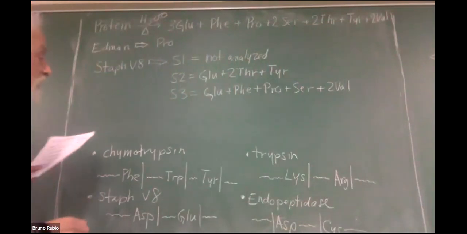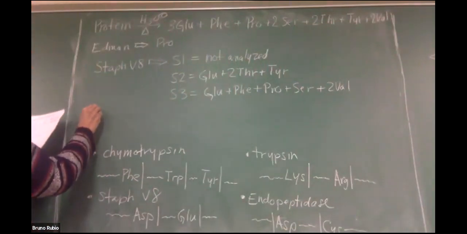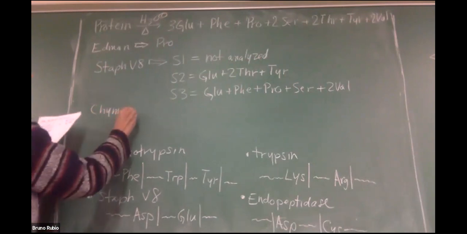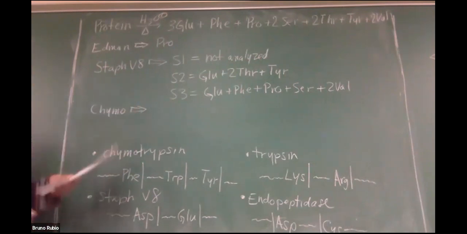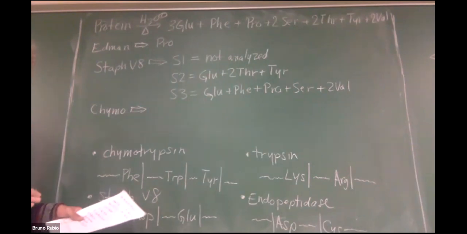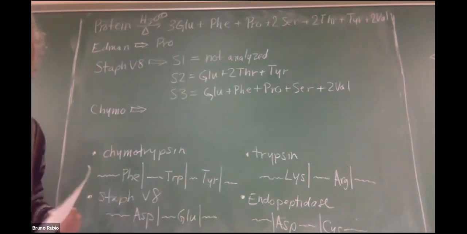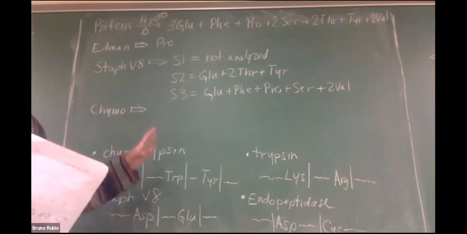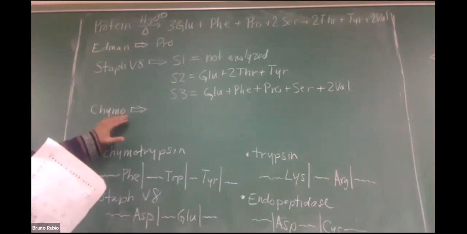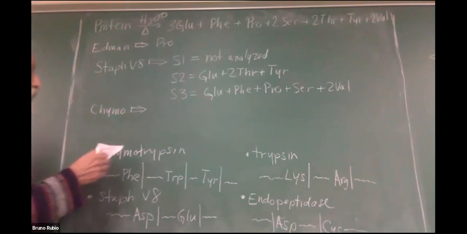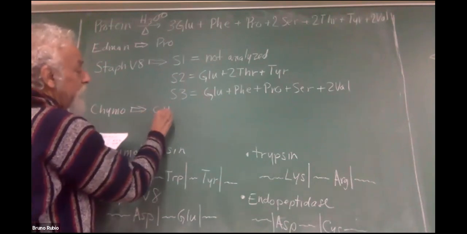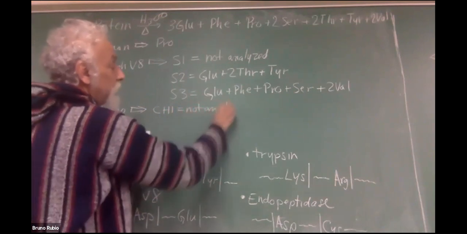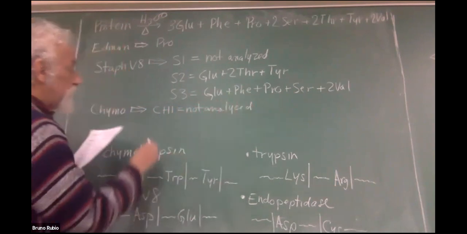Okay, finally, we took chymotrypsin, and once again, we got 3 fragments. I'm going to call them CH1, CH2, and CH3. These are the 3 fragments that we got when the protein was digested with chymotrypsin. CH1, once again, was not analyzed, just to save time.